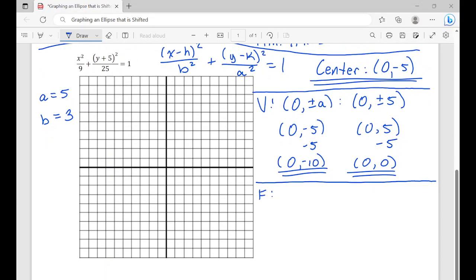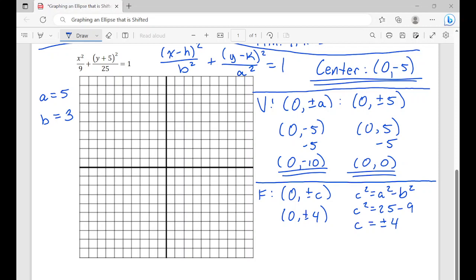Foci, same thing, 0, comma, plus or minus c. And the way we get c is from the same formula, so c squared equals a squared minus b squared. So we're going to have c squared equals 25 minus 9, and c is going to give us plus or minus 4. So our foci, normally centered at 0, or sorry, at 0 plus or minus c, is going to be at 0 plus or minus 4, but again we've shifted by negative 5.